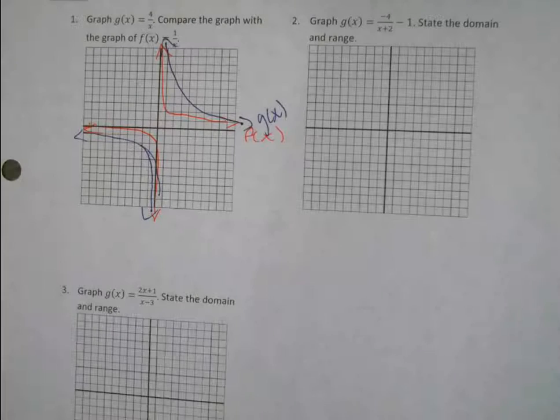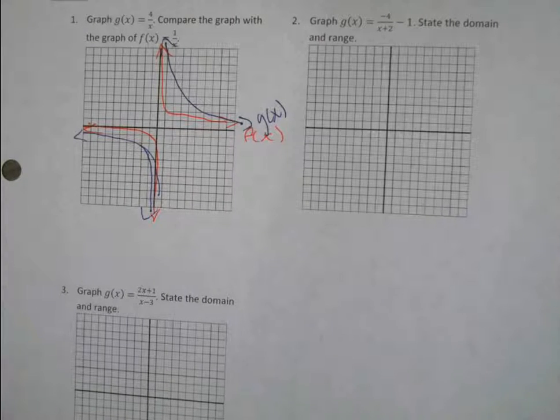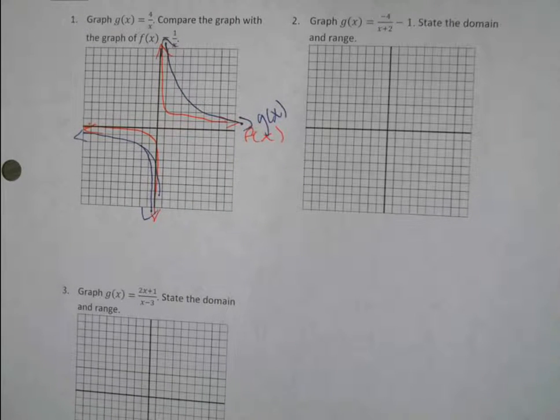Okay, so how is the blue one different than the red one? Well, yeah, that's how the equation's different, but how's the graph different? How is red different from blue?